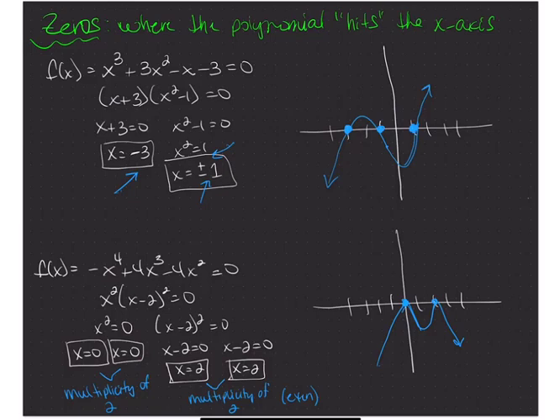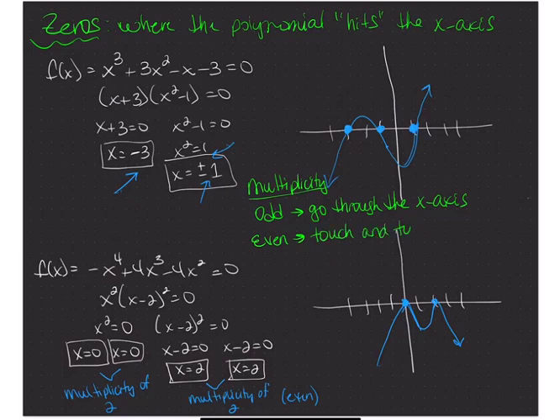So if it's odd, if the multiplicity is odd, you go through the line, right? You go through the x-axis. If it's even, I call it touch and turn. Touch and turn, right? Because you came up and you touched it at 0 and then you turned. You came back up at 2, you touched it, and then you hit a turn and come back down.